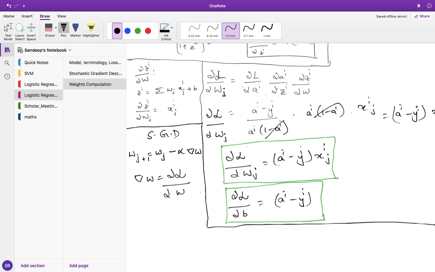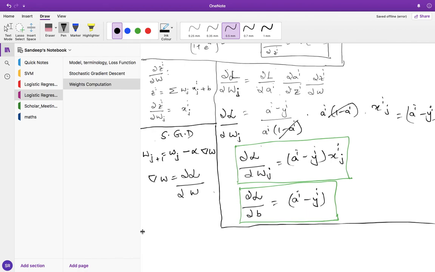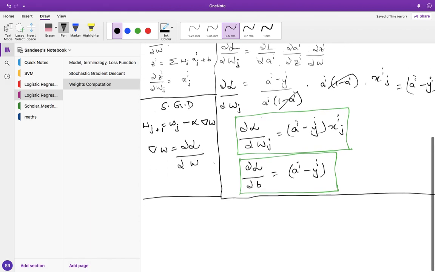So we got dou L divided by dou W for any j, any W. We have n such weights. In the same way, we have one scalar bias. So all these things can be incorporated into this expression of SGD. Let us do that. When we incorporate, Wj plus 1 would be equal to Wj minus alpha into ai minus yi into xij.